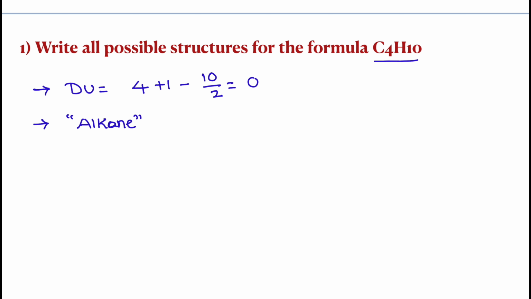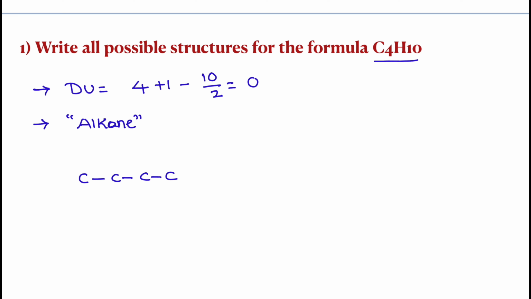So in that situation, according to the given pattern, first I'll be writing the chain with the maximum number of carbon atoms, the principal carbon chain with 4 carbons. So this is 1, 2, 3, 4. There is no functional group, there is no substituent, so there is no chance of writing any positional isomer. So the 4 carbon chain is only 1.